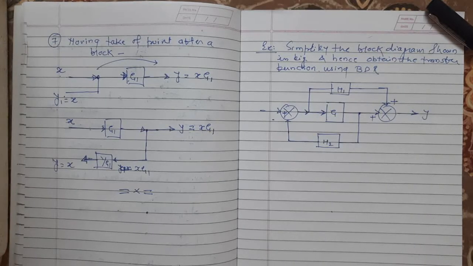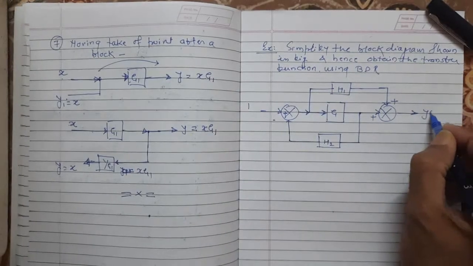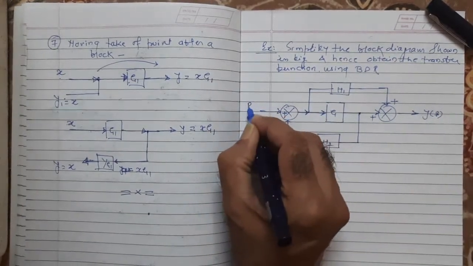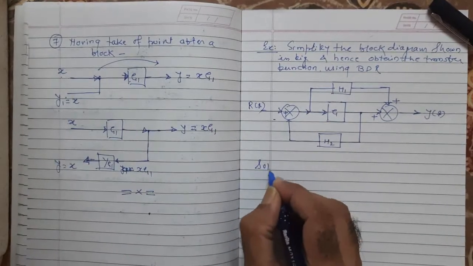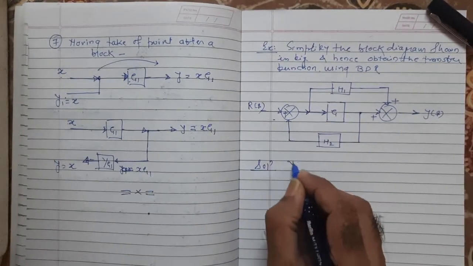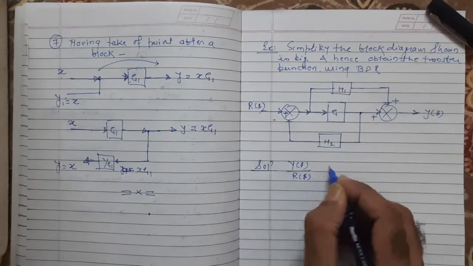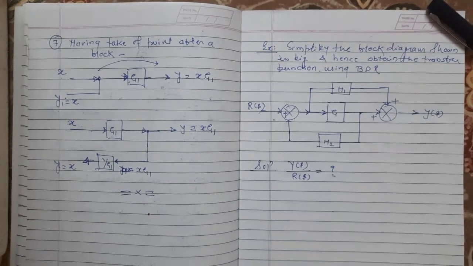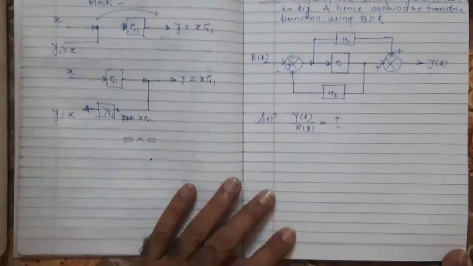Now see here, we have to find out Y of S divided by R of S. We have to find out Y of S, that is the Laplace transform of output to the Laplace transform of input. What is the transfer function of the system?